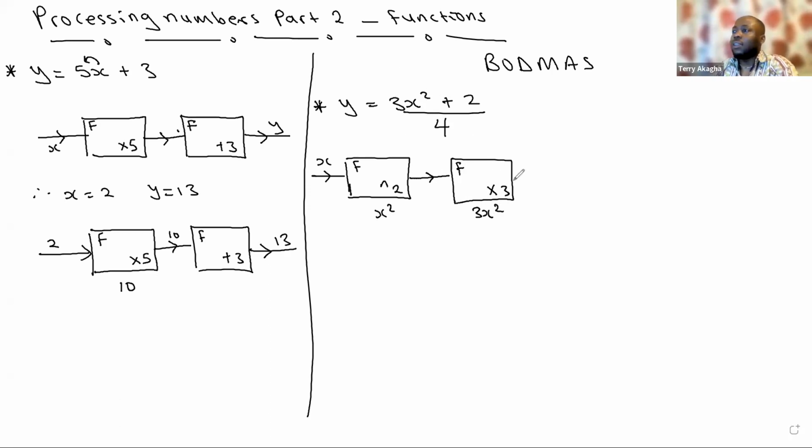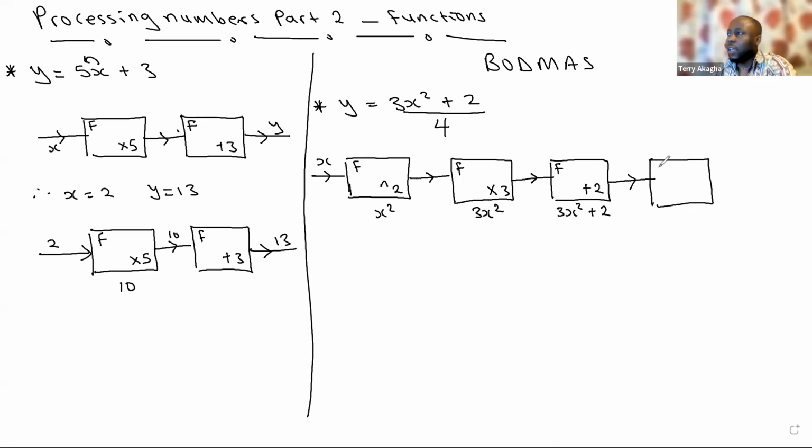Now, when you've done that, the next thing is that this 3x squared is going to be the input for the next function, which is that you need to add 2 to it. So the function here is plus 2, and it gives you 3x squared plus 2. Is this making sense? Then the answer you get here is going to be the input for the next function, because we still have one part missing: we have to divide it by 4.